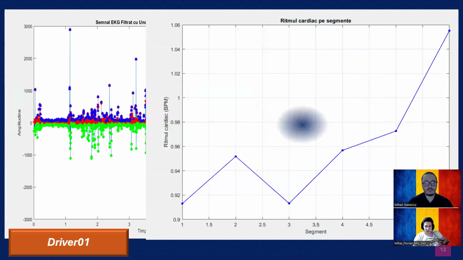Here we have an example of the ECG signal, which is filtered on the PQRS line, and the cardiac rhythm on segments.